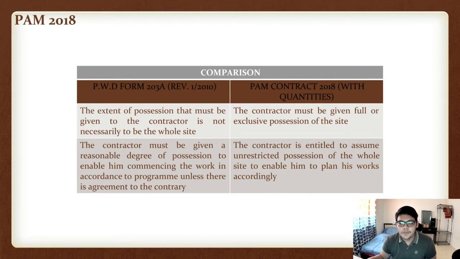Based on this comparison, the PAM contract also has the advantage, as the contractor will have unrestricted possession of the whole site to plan his work accordingly. For PWD, the contractor only gets a reasonable degree of possession to commence the work according to the program, unless there is agreement with the contractor.